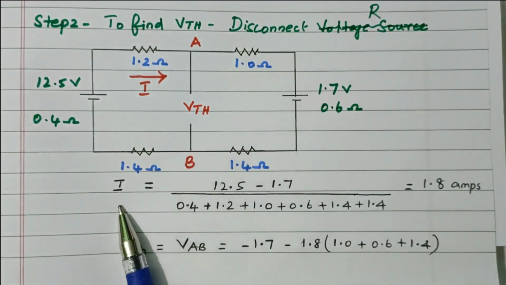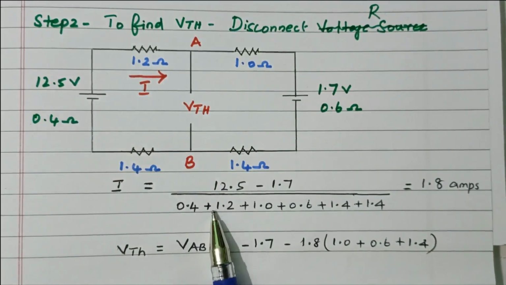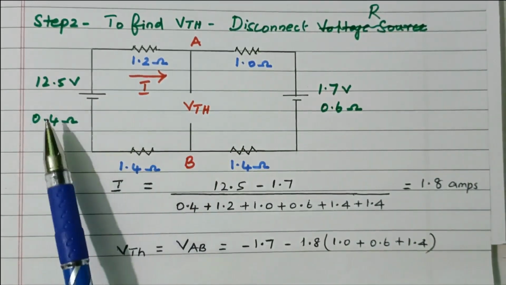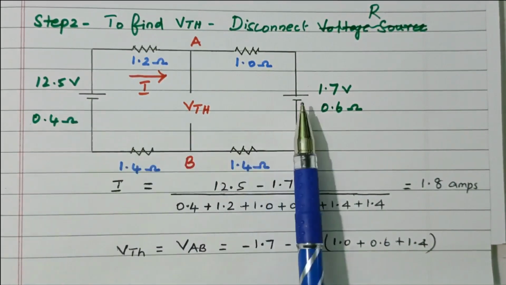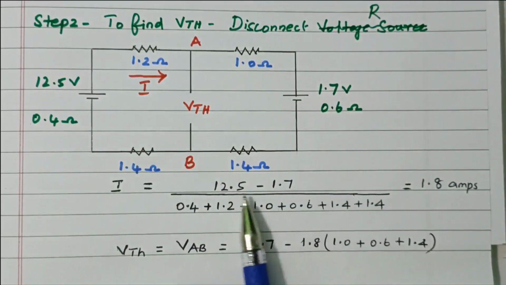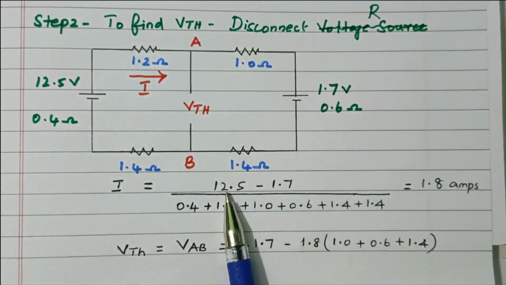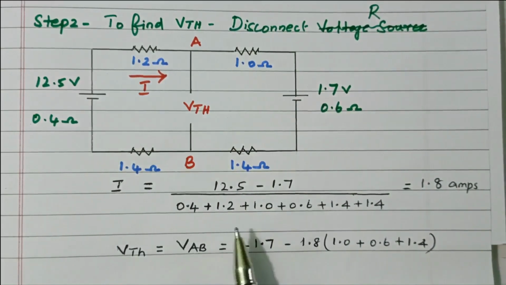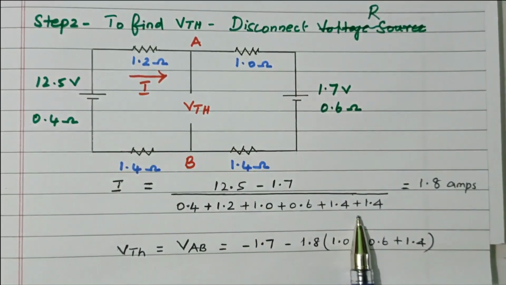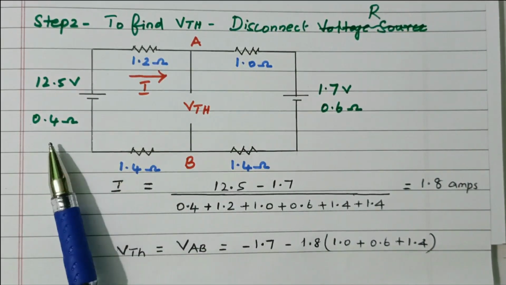So what is the current I? I equals V by R. What is V? Two voltage sources are available, 12.5 and 1.7, so the total voltage is the difference, 12.5 minus 1.7, divided by the total resistance. What resistances are available?